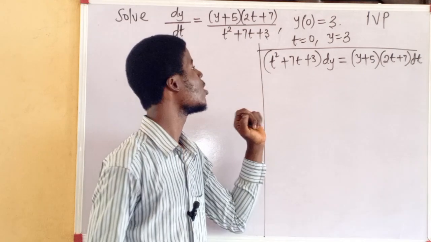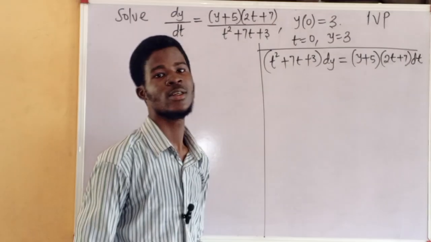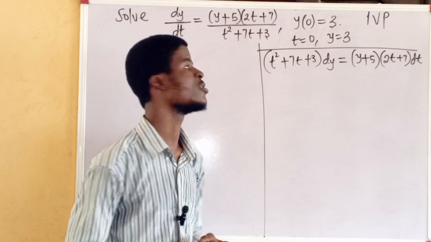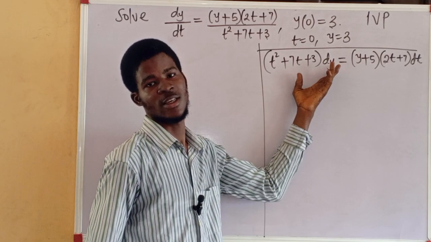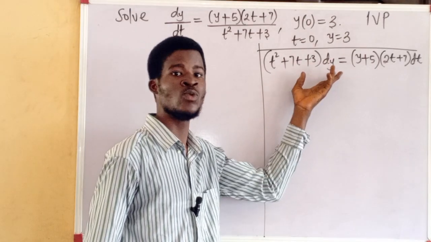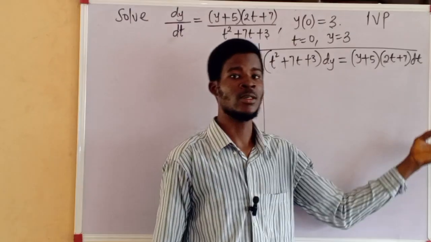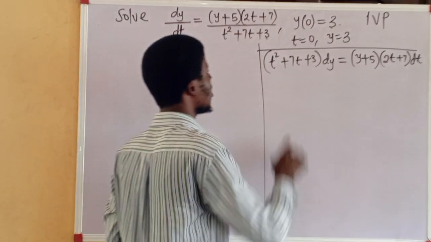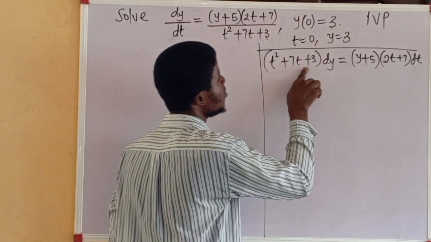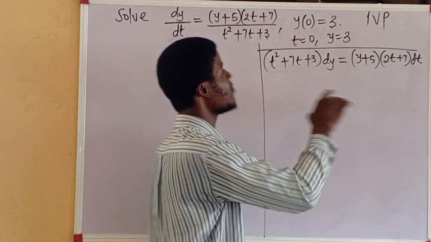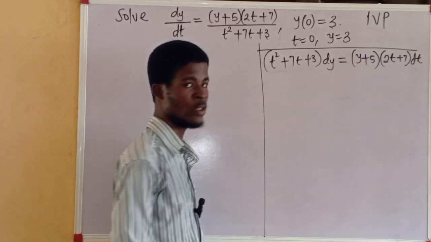This is not what we want. We need the equation to look like this: all the terms involving y and dy on one side, and the terms involving t and dt on the other side. So I can take away this function of t to this side by dividing both sides by t squared plus 7t plus 3.